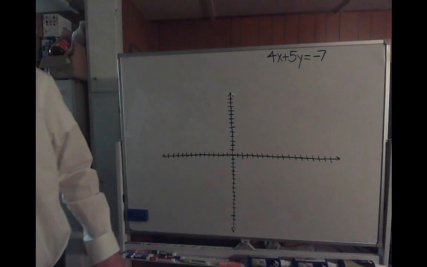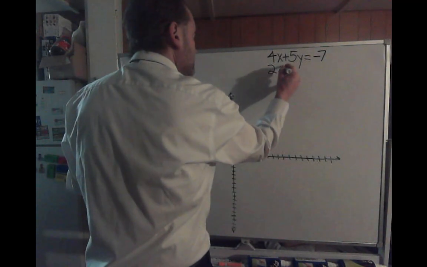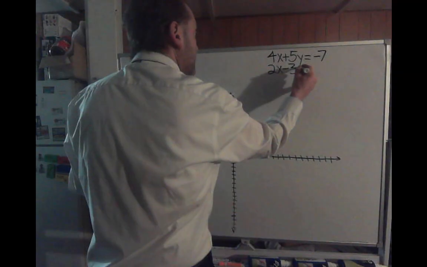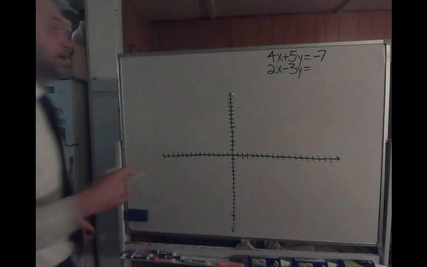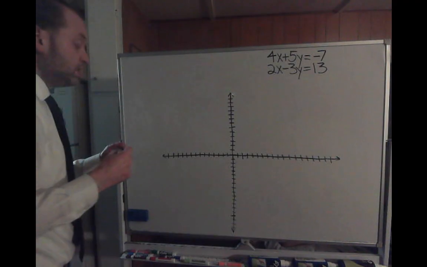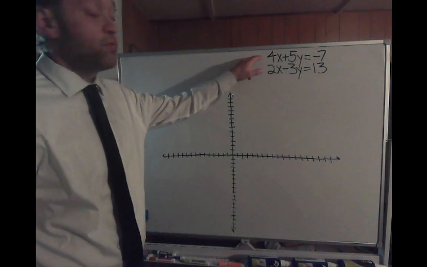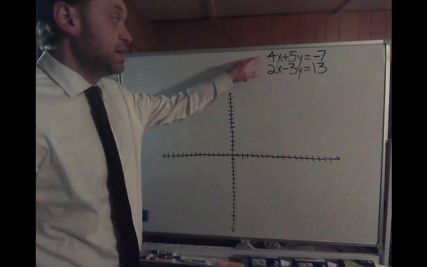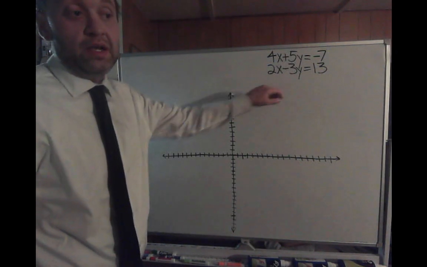And then you have 2x minus 3y equals 13. So here's a system of equations. You have 4x plus 5y equals negative 7, then you have 2x minus 3y equals 13.